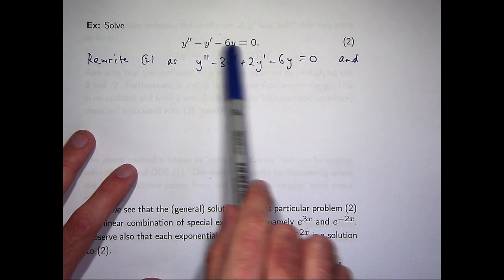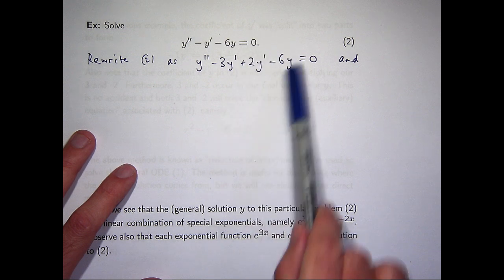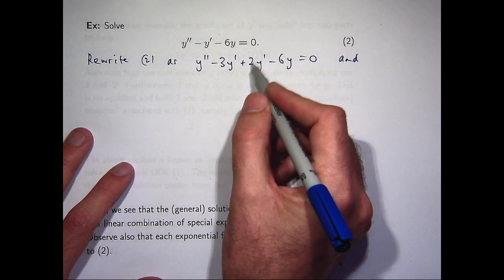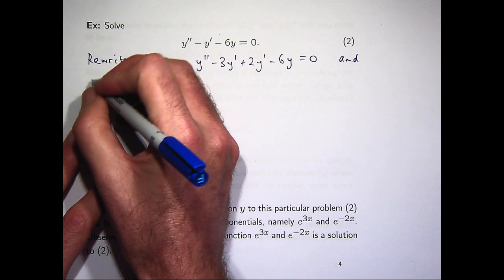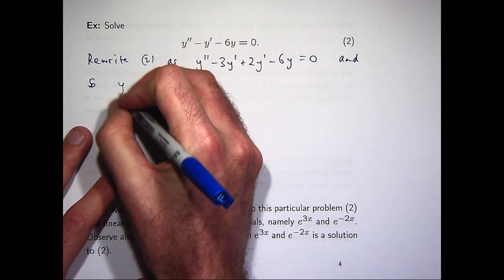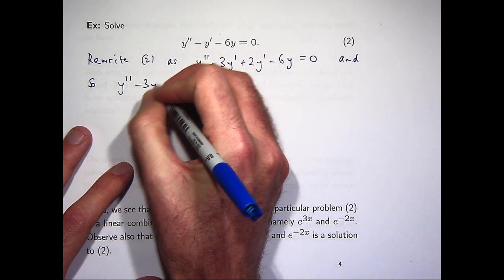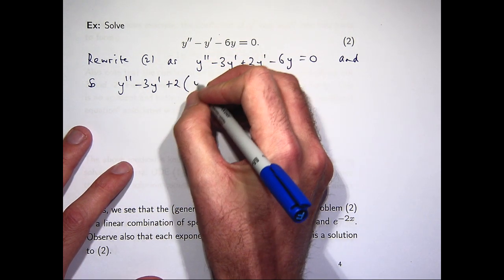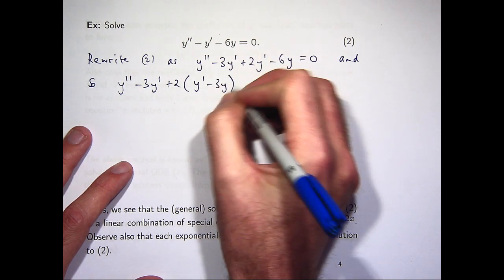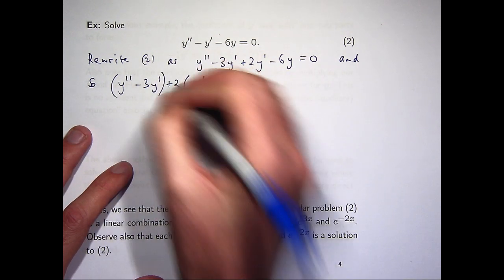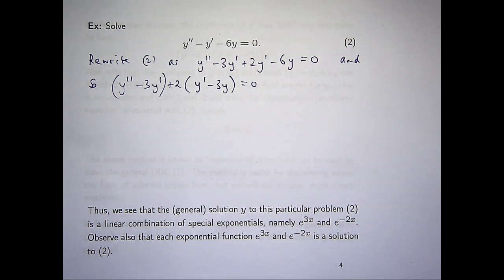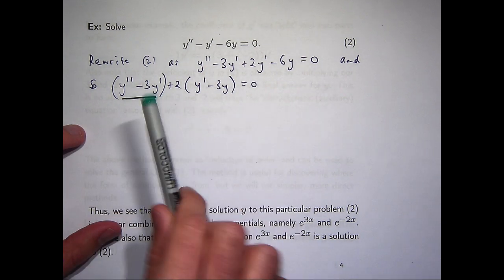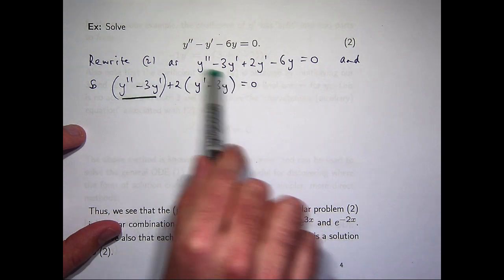And what I can do is team these guys up and team these guys up and form the following. I can take out a common factor of 2 from these two terms. Now, if you look at what's in those brackets, you can see, hopefully, that that is just the derivative of that bracket.